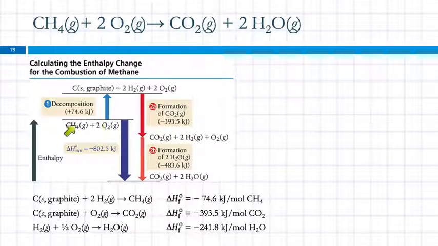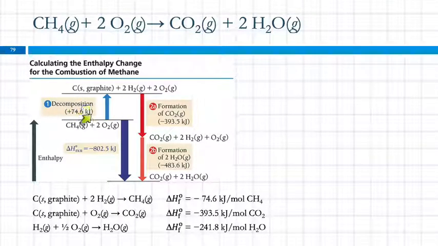We've got methane and oxygen here. What we're doing in this process with that equation is we're saying, I'm going to take this compound apart into its elements in their standard states. So carbon, graphite, and 2 moles of H2. The oxygen is already in its standard state, so I'm just going to leave it alone.